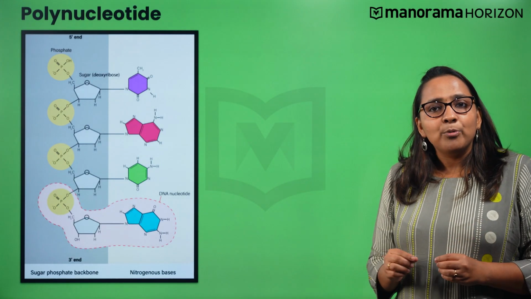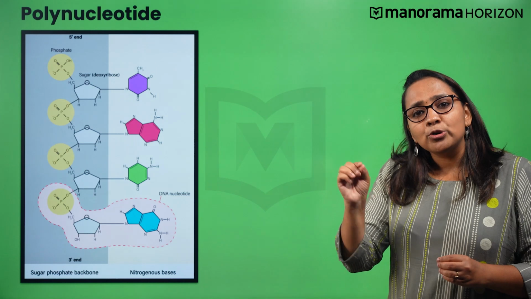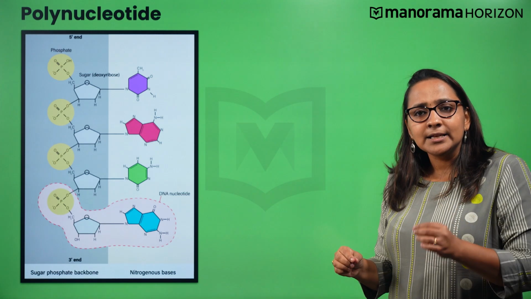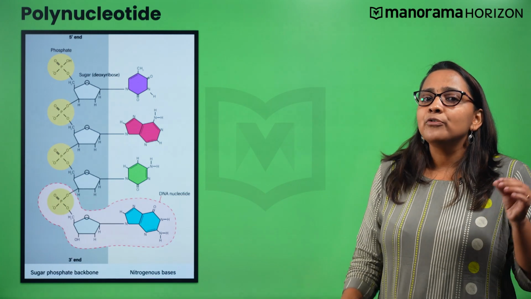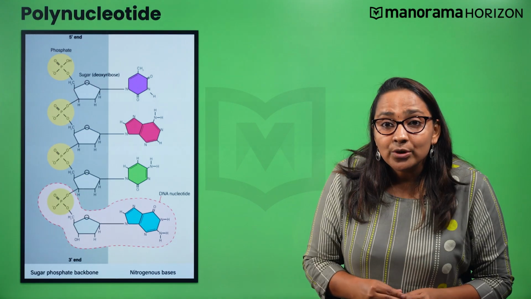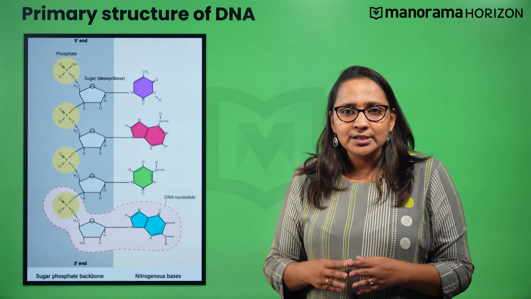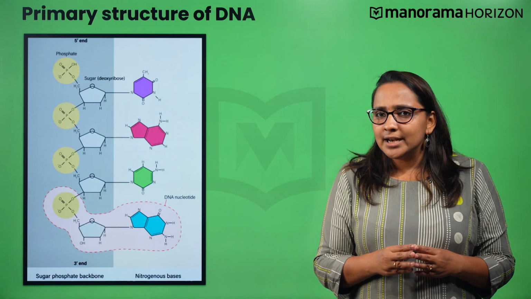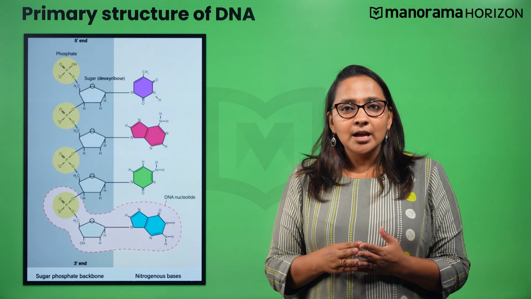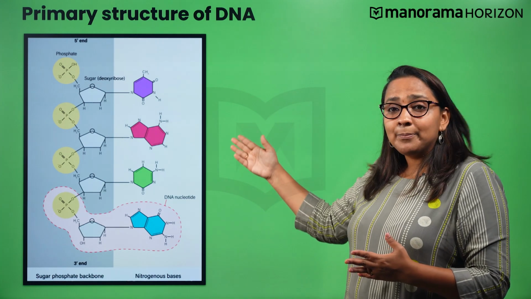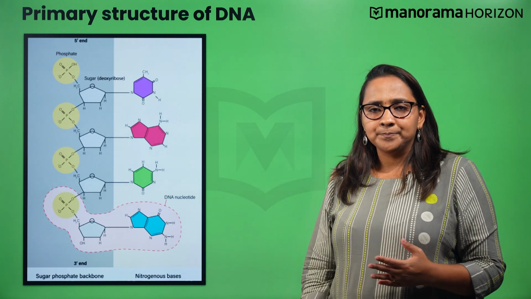Therefore, the backbone of a polynucleotide is formed by repeating the unit of a sugar phosphate. The sequence of nucleotides in the chain of nucleic acid gives the primary structure of DNA or RNA. Here you can see the primary structure of DNA.